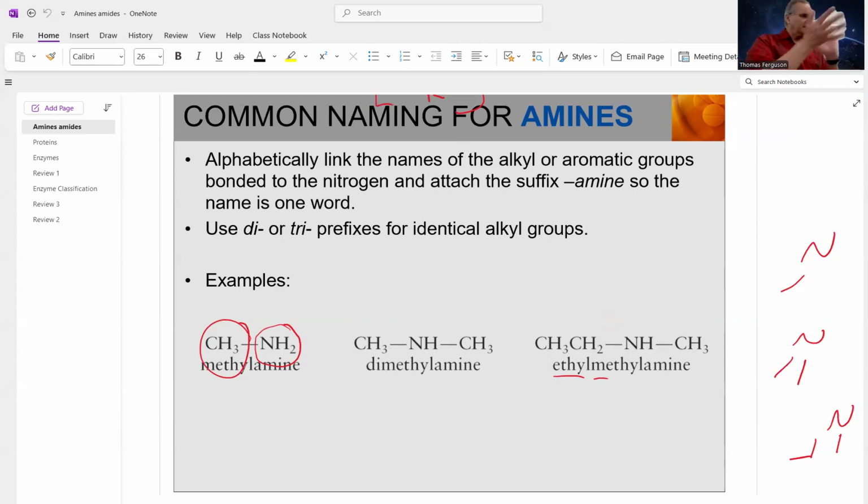It varies a lot on which they're going to be using. We're going to learn both versions like we normally do. So what they do is the base is an amine. Then they name the groups hanging off of it. So in this case, we only have one.